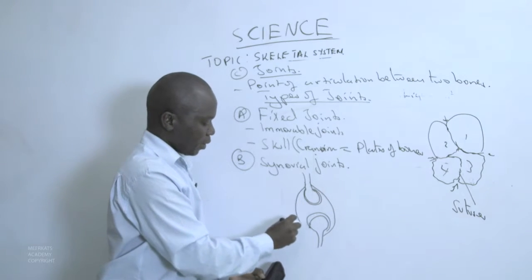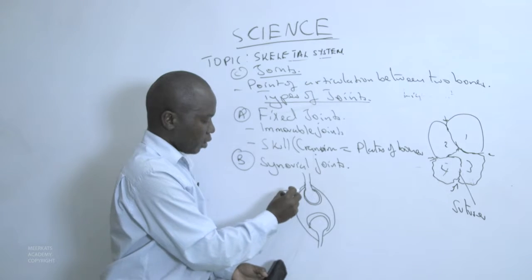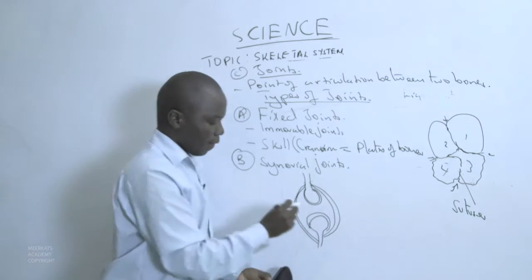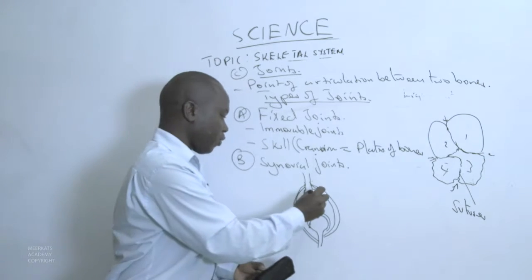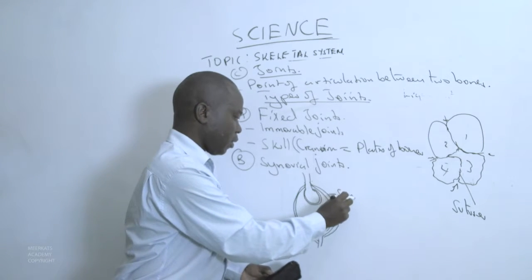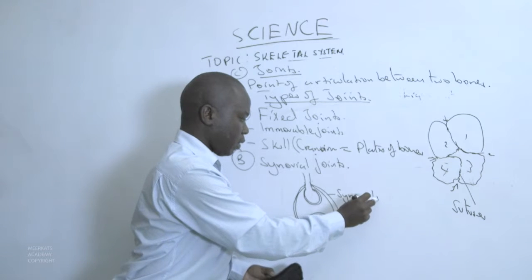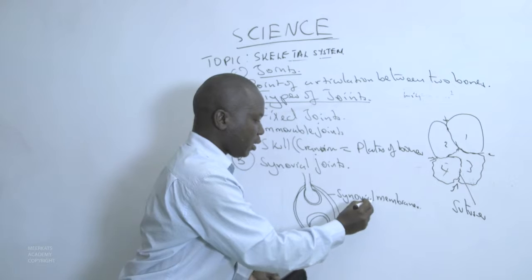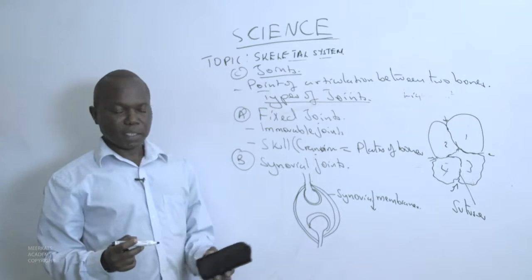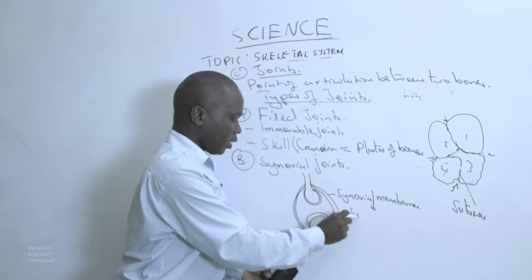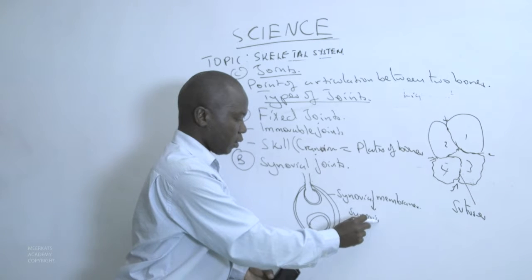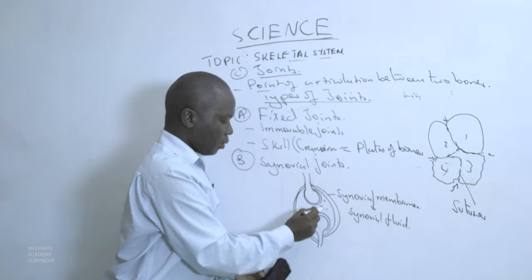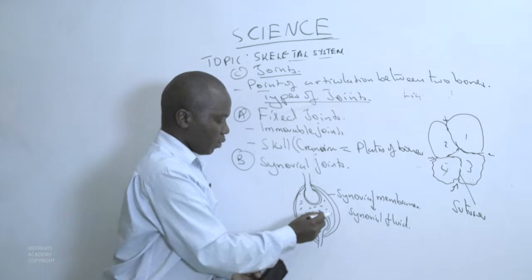We shall have a membrane covering that part, a double membrane. That double membrane is called synovial membrane. These synovial membranes usually secrete a fluid called synovial fluid. So inside here we shall have synovial fluids.